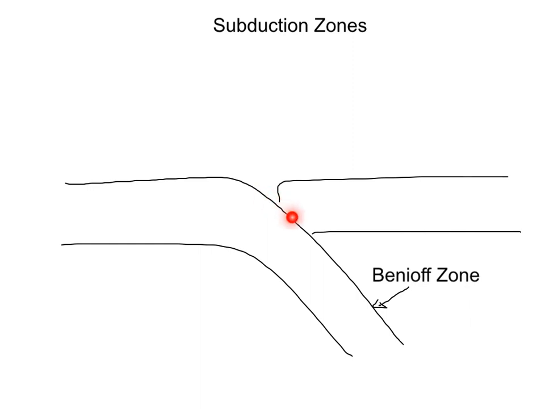And earthquakes occur from near the surface all the way down to approximately 700 kilometres below the Earth's surface. Now you get shallow focus earthquakes here, intermediate focus earthquakes, and then the deep focus earthquakes. And they're all due to the upper edge of this descending plate getting stuck as it tries to force its way down into the mantle.